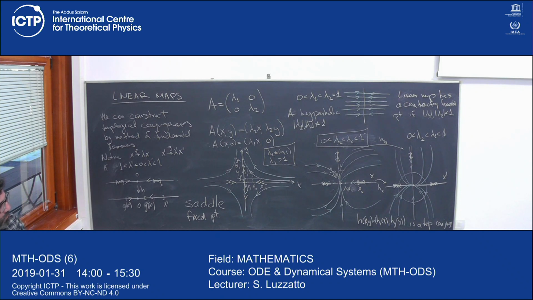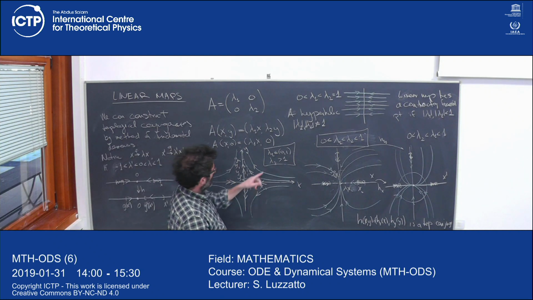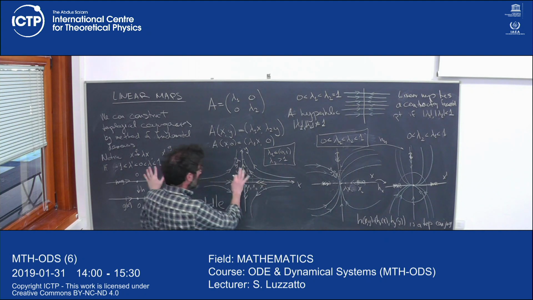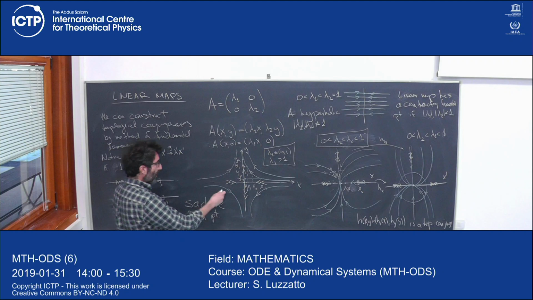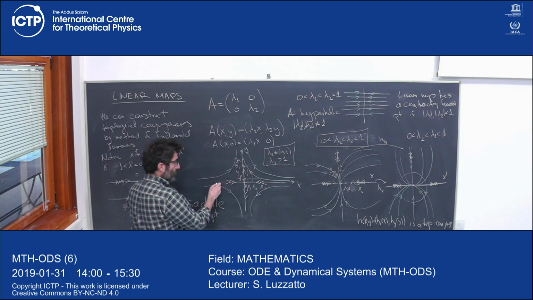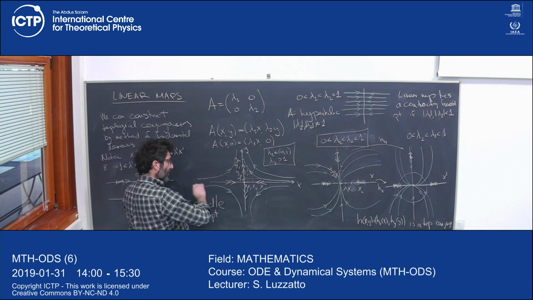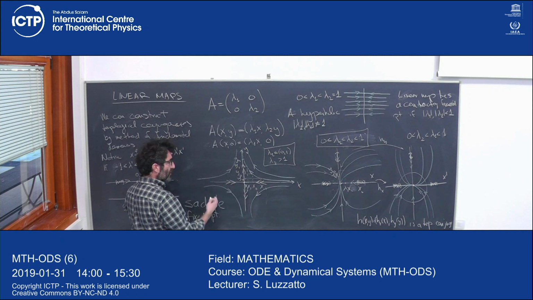You mean if we have two systems and the lambdas of the first are between 0 and 1 and the same as the second, they are topologically conjugate, right? Yes, as long as they have the same signs. If you have two saddle fixed points, it's the same argument as before: you need to take the conjugacy on the horizontal axis and the conjugacy on the vertical axis.